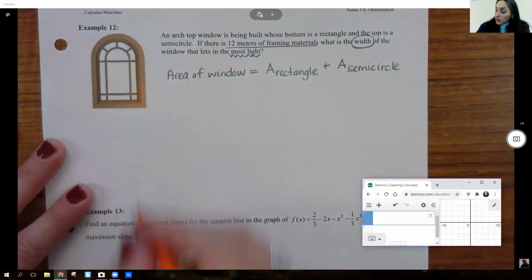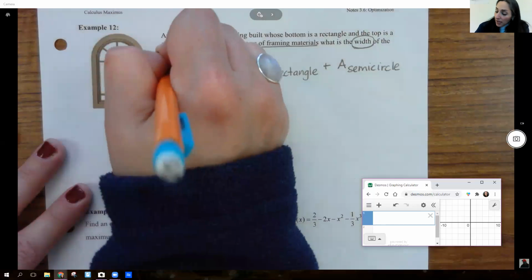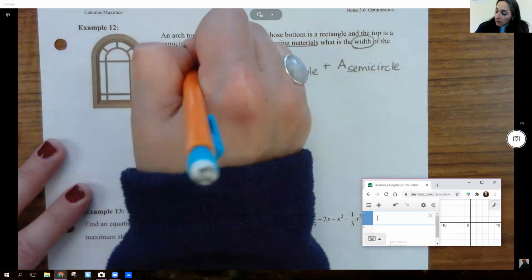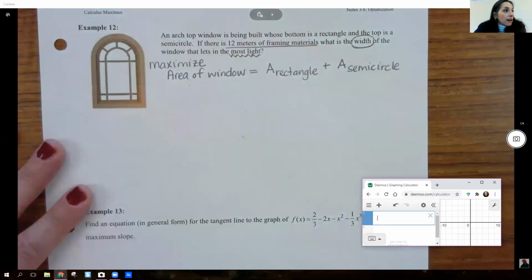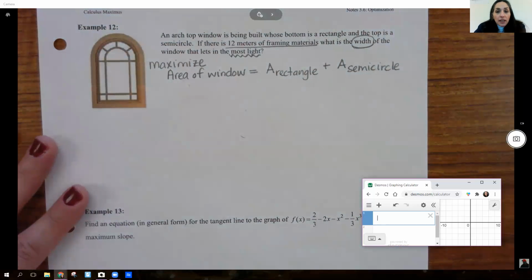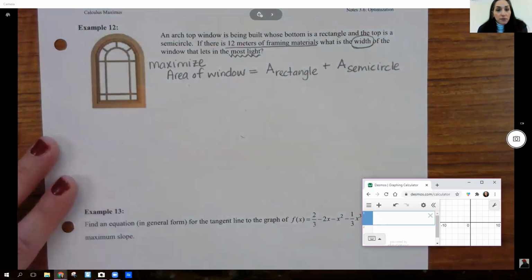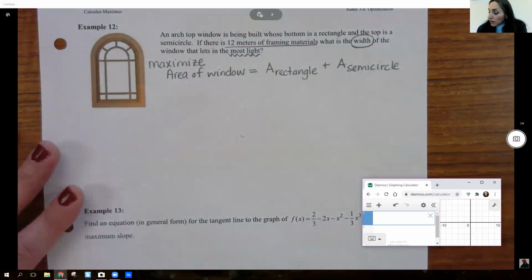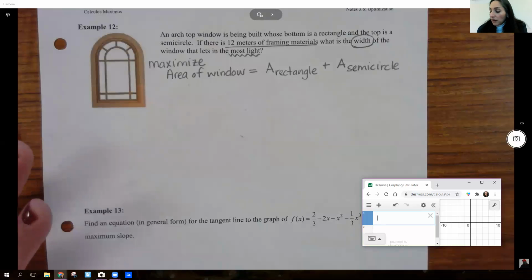And so you're trying to maximize the area of the window, to let in the most light. Okay, so area of a rectangle, we need to start putting some variables on here, right? So we have area of a rectangle, we have area of a semicircle.